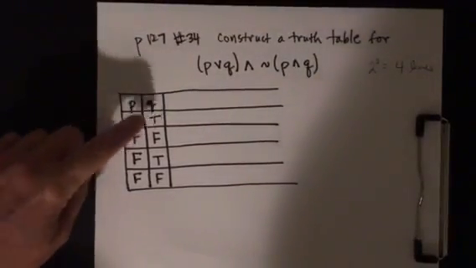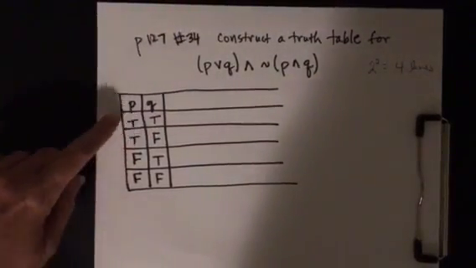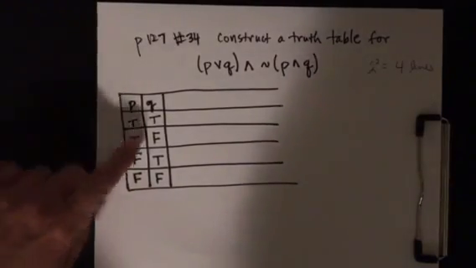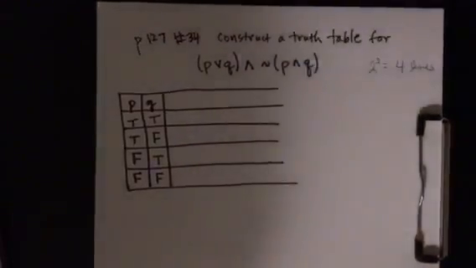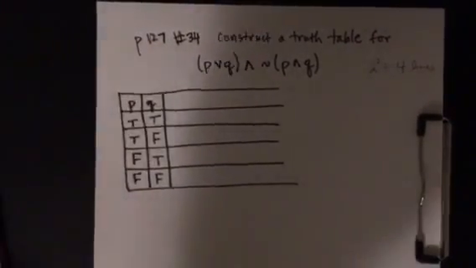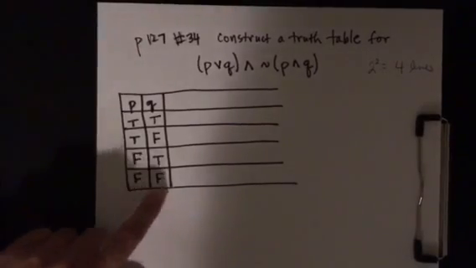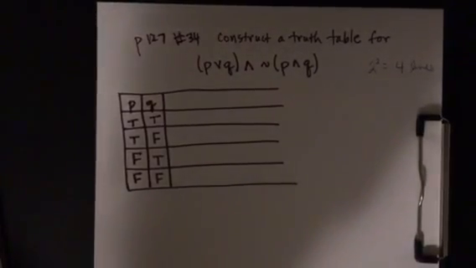Both P and Q could be true, or on the second line, P could be true and Q could be false. On the third line, P could be false and Q could be true. And on the last line, P could be false, Q could be false.